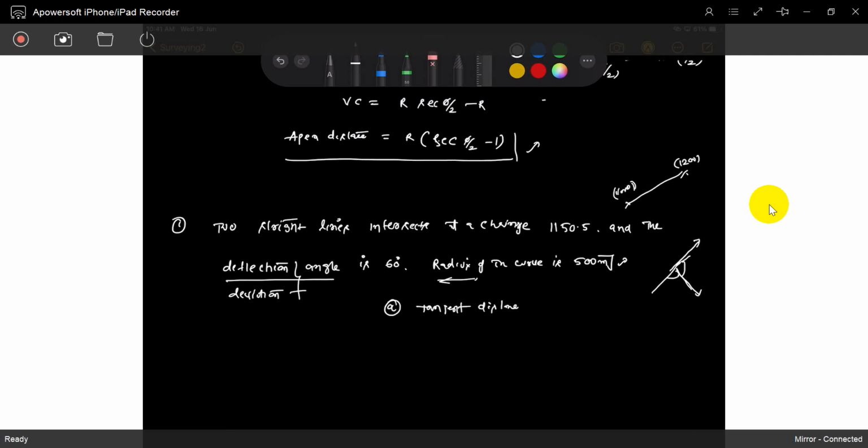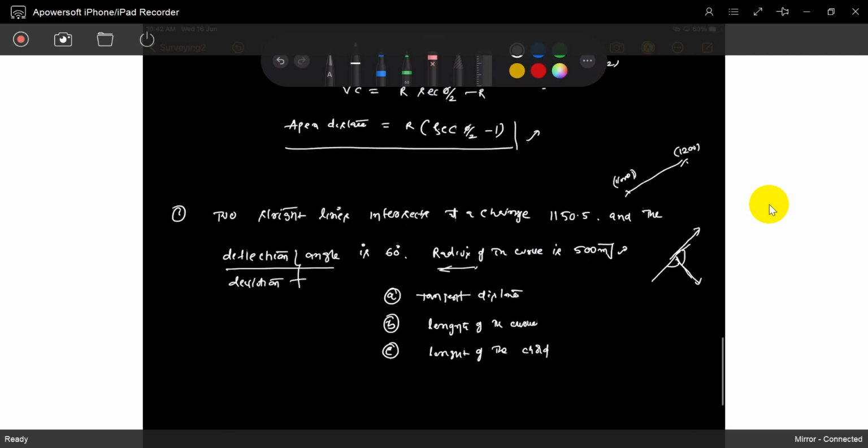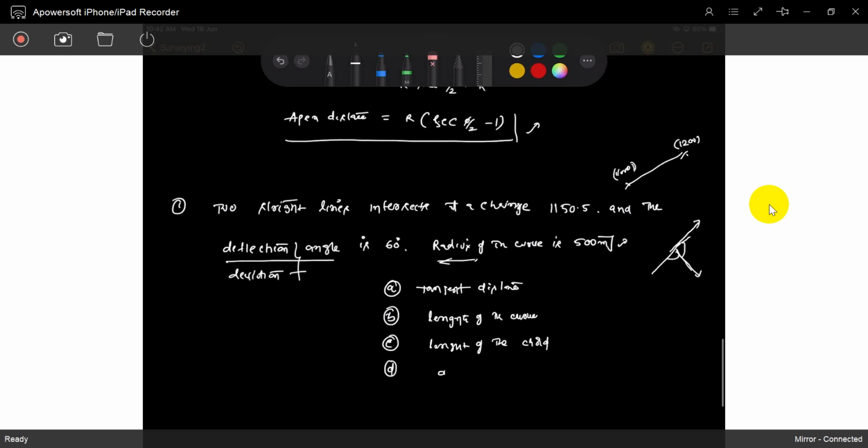Length of the curve, length of the chord, degree of the curve. But for how much chain length?